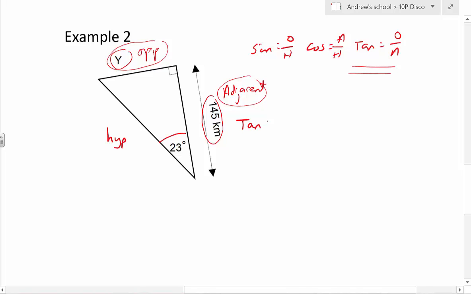Tan of the angle 23 degrees is the ratio of the opposite divided by the adjacent, which in our case is the side called y divided by 145 kilometers, and then we actually need to calculate it. Tan 23 according to our calculator is 0.4245.